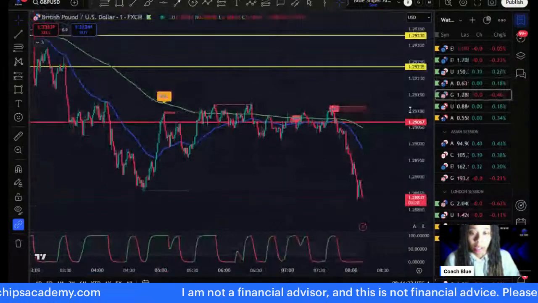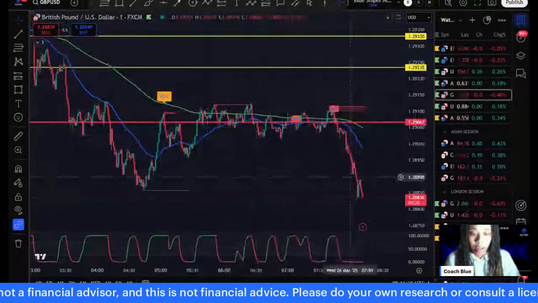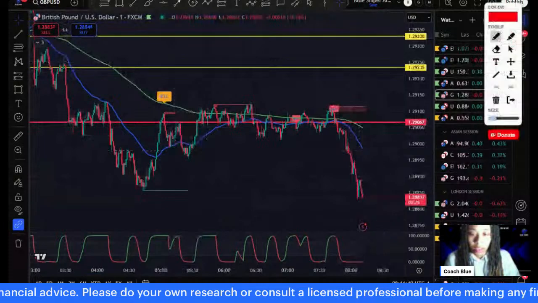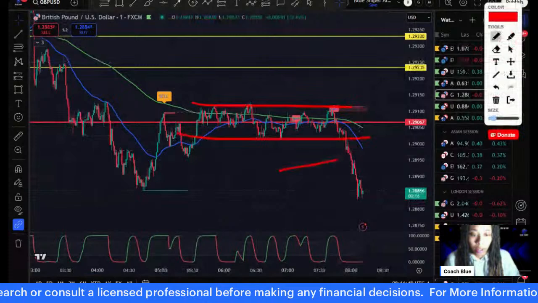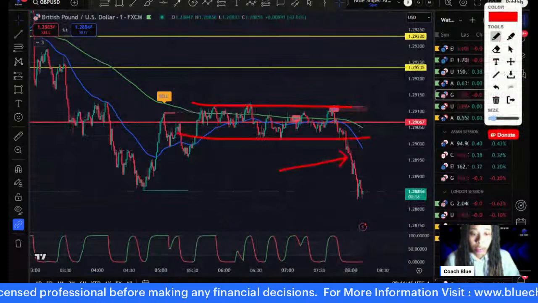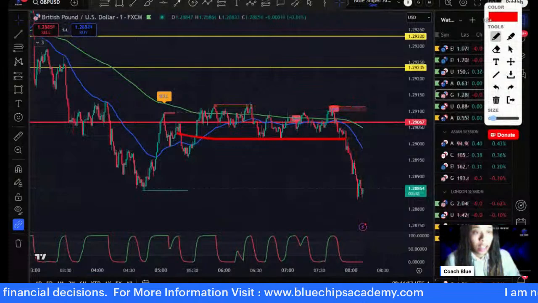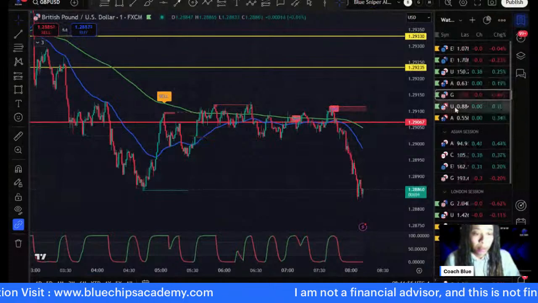Nice drops here. It was ranging here, and then it broke out here. It was ranging here. Ranging here. Then it broke out right here, broke out to the downside. So AUD USD is not in a range anymore. Neither is GBP USD.